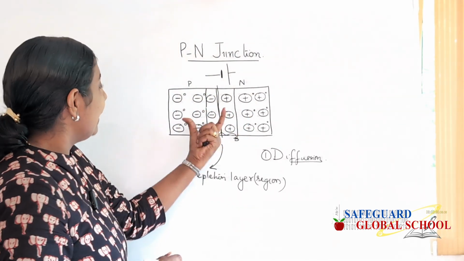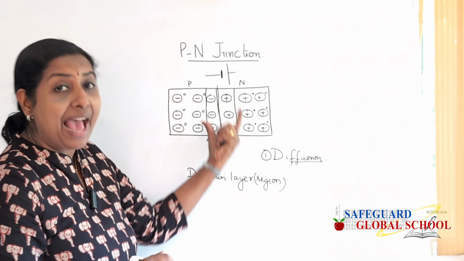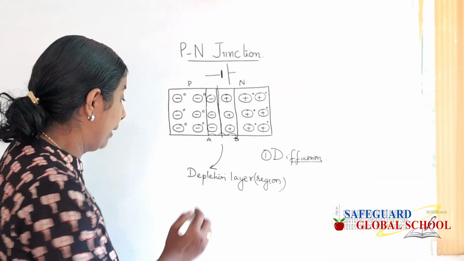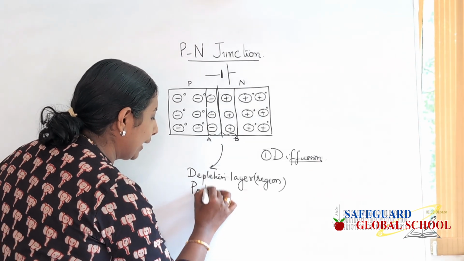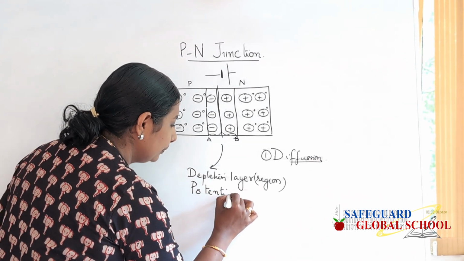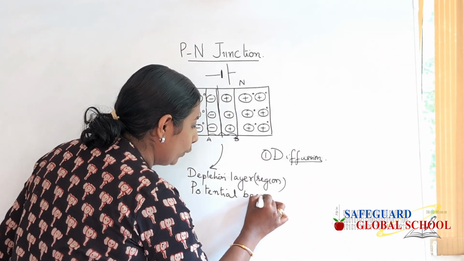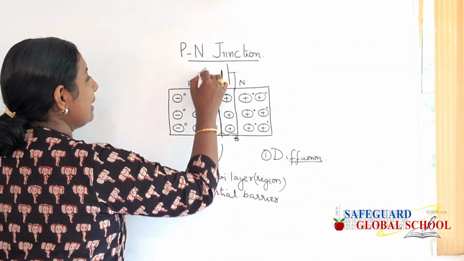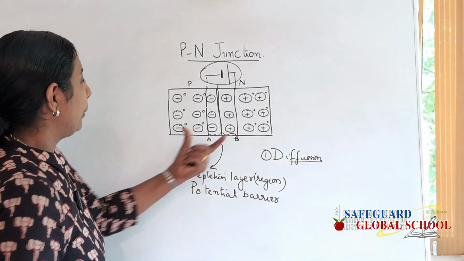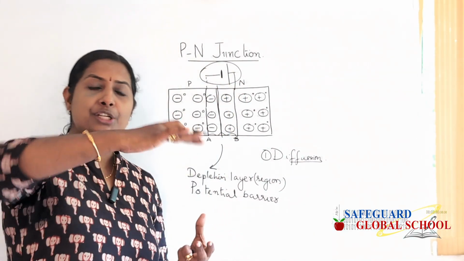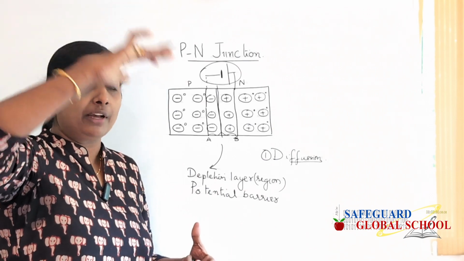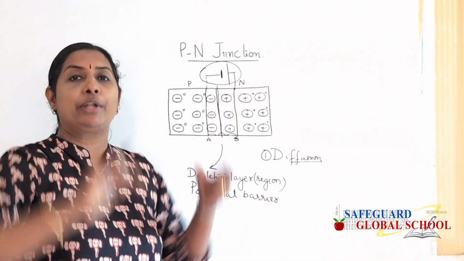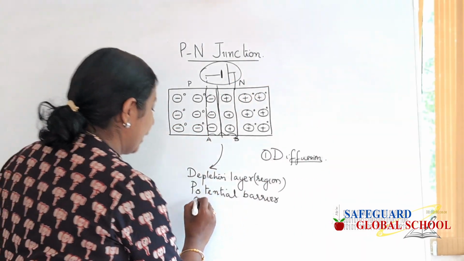So there is a potential barrier, or potential difference, created across the junction. What is that called? Potential barrier. It is just like a virtual battery fitted over here. Listen, children, it's just like a virtual battery. There is a potential barrier created. Further, the electrons or the holes cannot jump over this potential barrier to cross this junction.